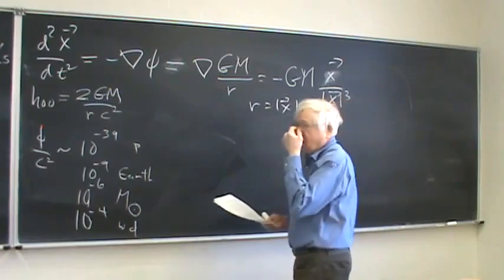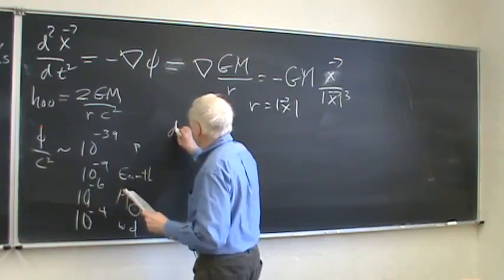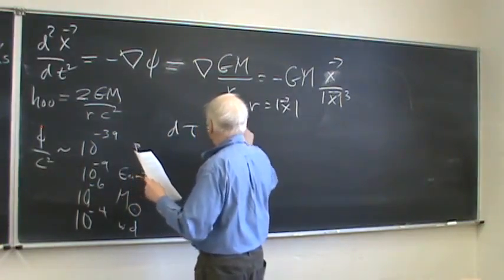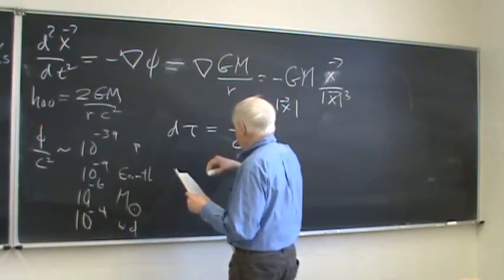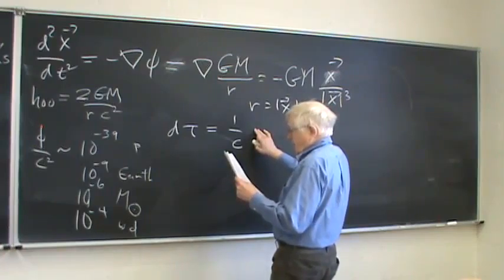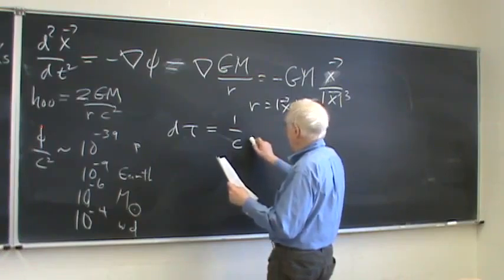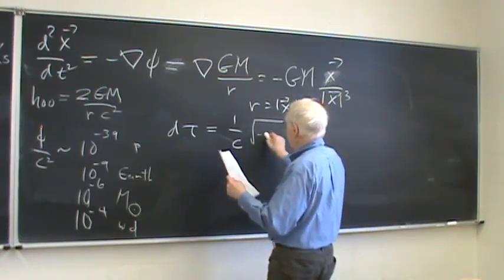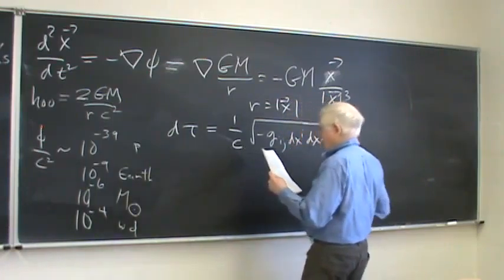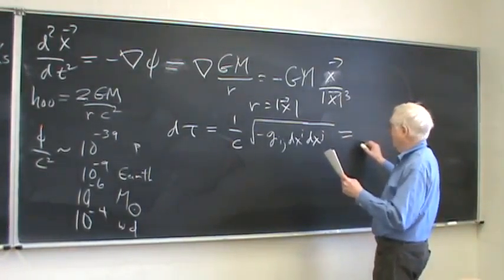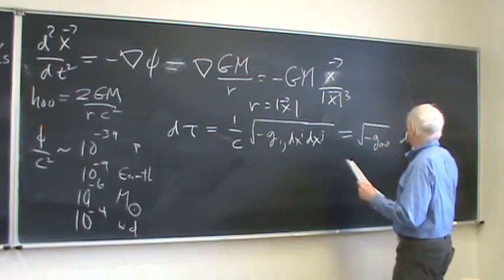All right, so let's do gravitational time dilation, and let's just look at d tau. Well, it's 1 over c, because this thing is ds squared. And so this is minus g_ij dx^i dx^j, or equivalently, it's minus g00 dt squared.